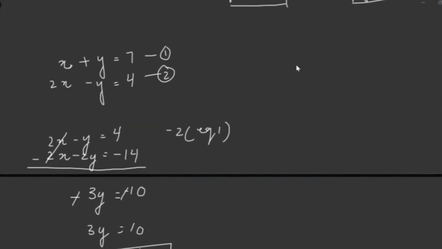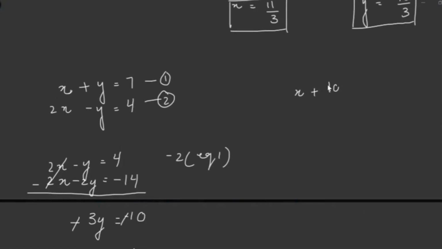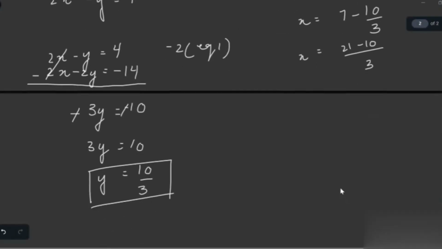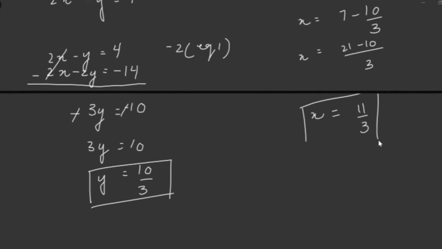We will plug it in the first one, and if we plug in y equals 10 over 3, then we get x equals 7 minus 10 over 3, and we will get 21 minus 10 over 3, and our x would be 11 over 3.